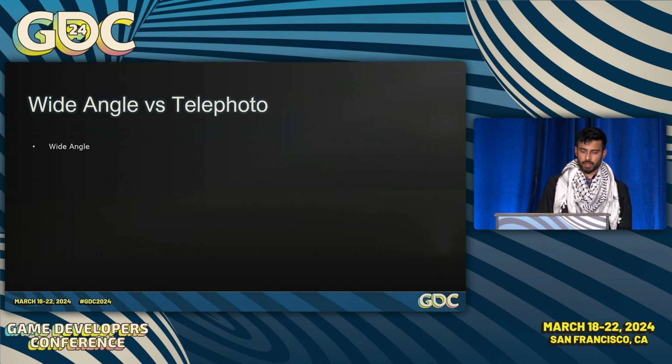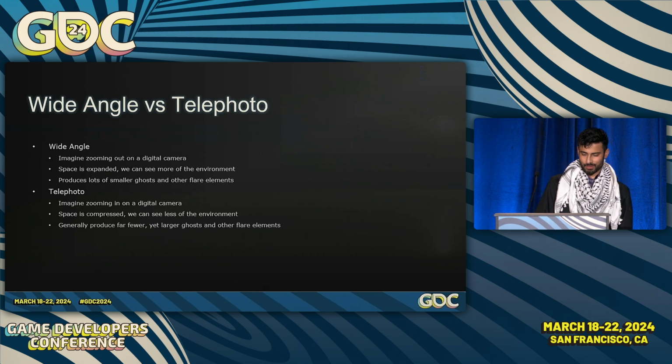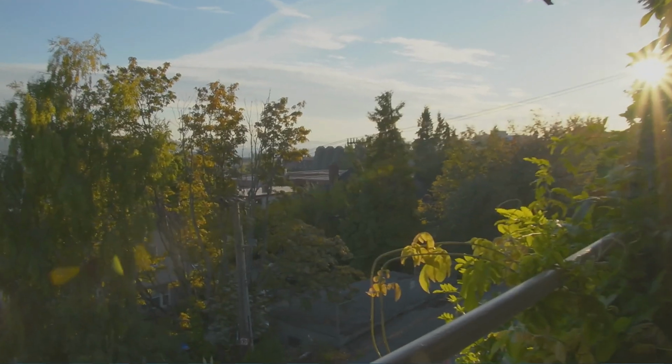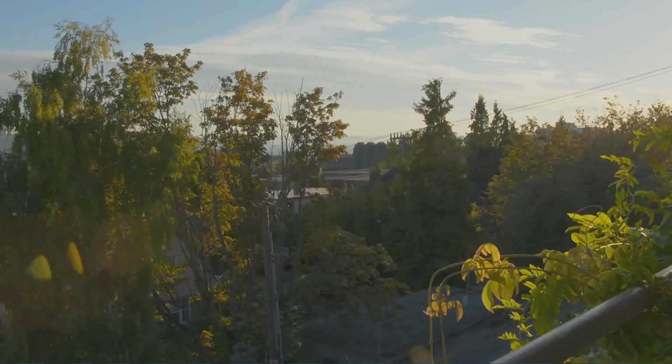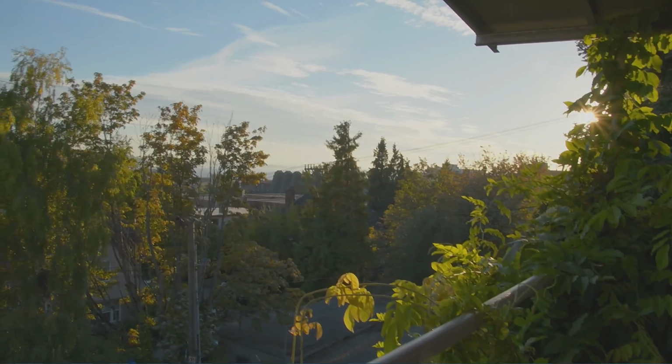So shooting with a wide-angle lens, we might expect to see lots of smaller ghosts and other flare elements, whereas when shooting with a telephoto lens, we generally expect to see fewer, larger ghosts and other flare elements. This was perhaps not the greatest reference footage that we're about to see, but you can maybe see when we zoom in, we generally see fewer yet larger flare elements.